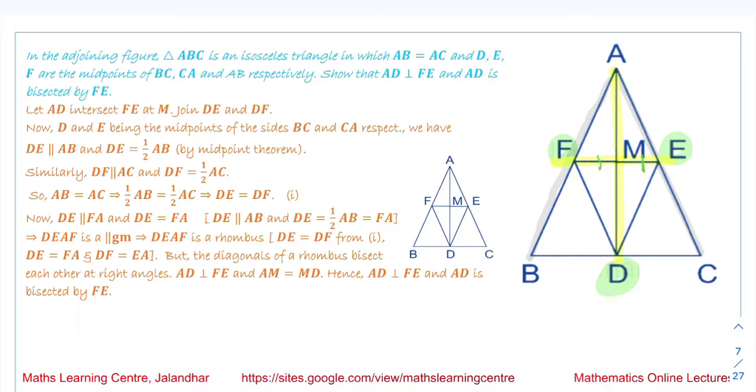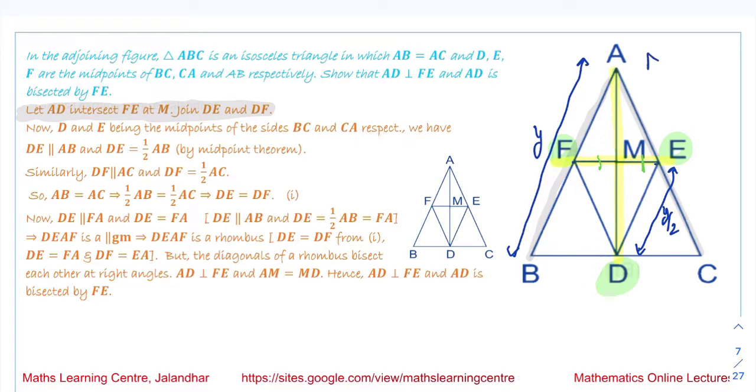So we have done the construction over here. That is, we are saying the point where the line AD and FE meet, we are naming it as M, and we are joining the points F, D and E. So now if we look at this AB length, suppose this length is Y, then this length is Y by 2.